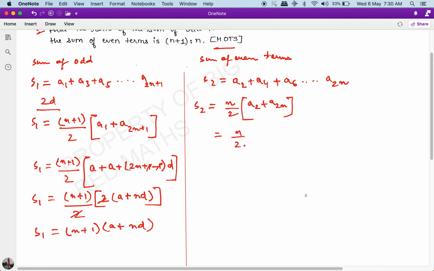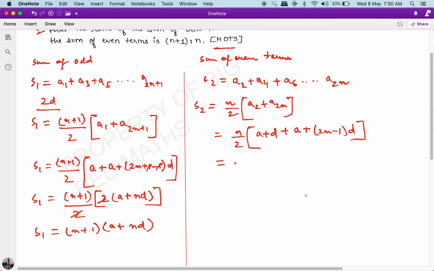N by 2 will remain n by 2 multiplied by A2 becomes A plus d, and A of 2n will become A plus 2n minus 1 into d.